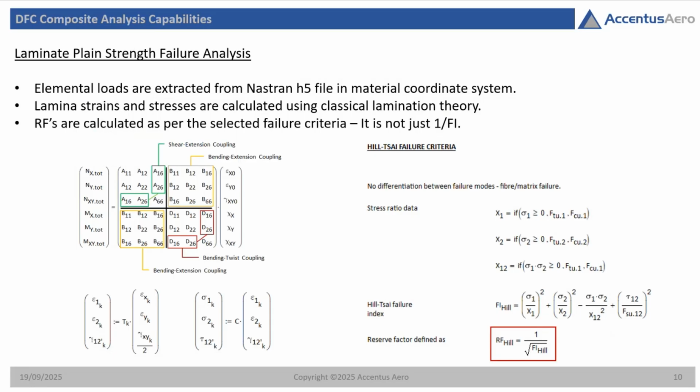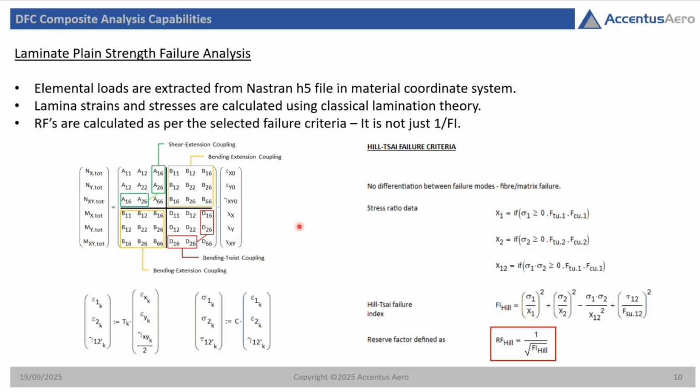The next one is laminate plane strength failure analysis. As mentioned, we extract elemental loads from the Nastran H5 file. Then we calculate laminate strains and stresses using classical laminate theory, and we then calculate the RFs as per your selected failure criteria.